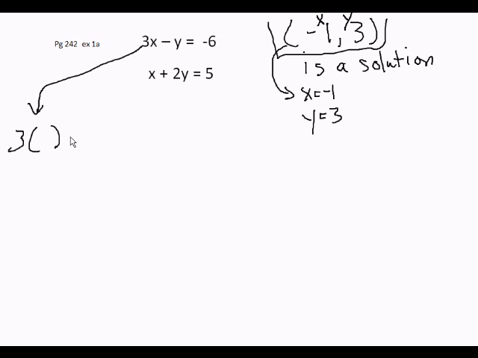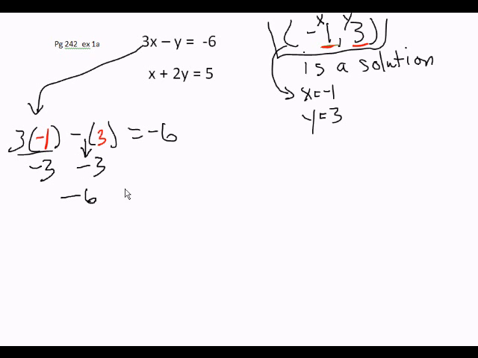What we need to do is plug negative 1, 3 into each of these equations. Here's the first one: 3 times x minus y equals negative 6. I'm going to plug in negative 1 for x and 3 for y, and I'm going to see if this is a solution.